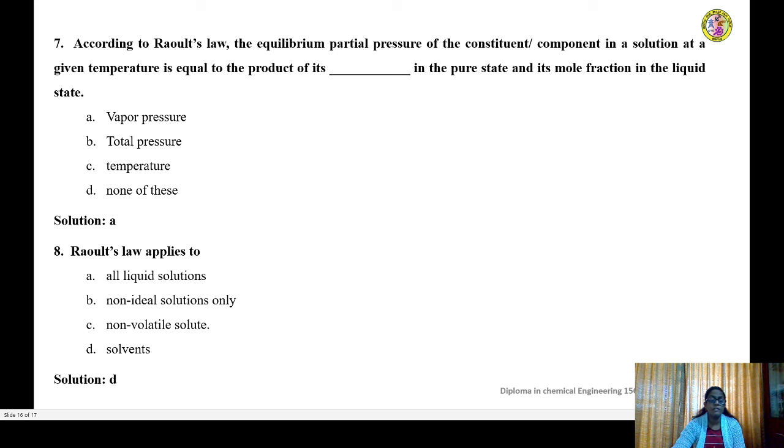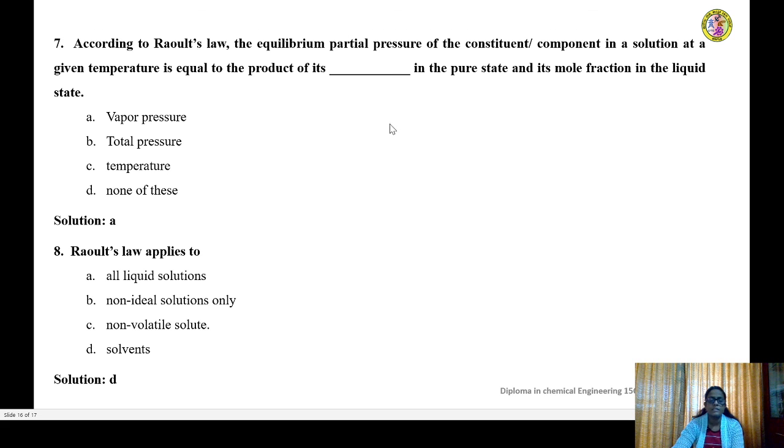The question number 7 now. According to Raoult's law, the equilibrium partial pressure of a component or a constituent in a solution at a given temperature is equal to the product of its dash in pure state and its mole fraction.